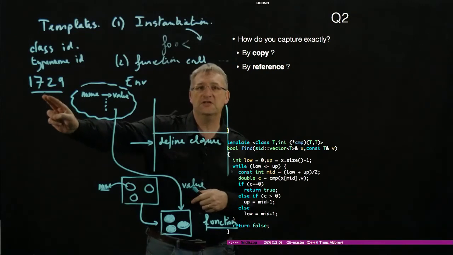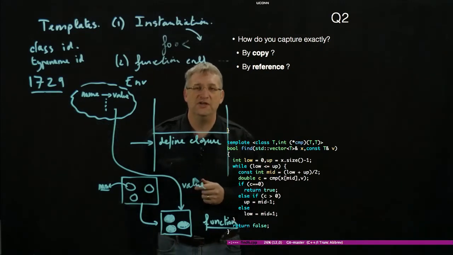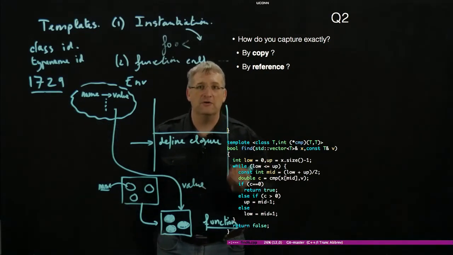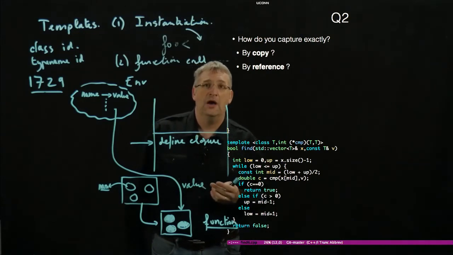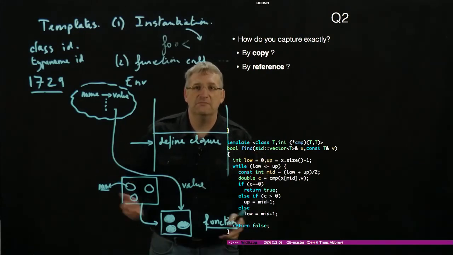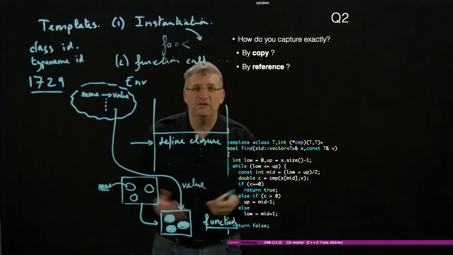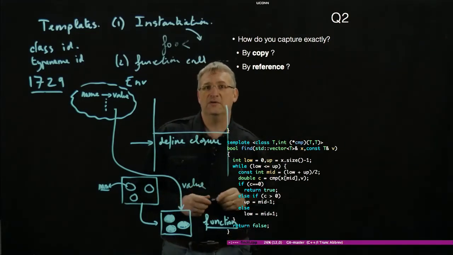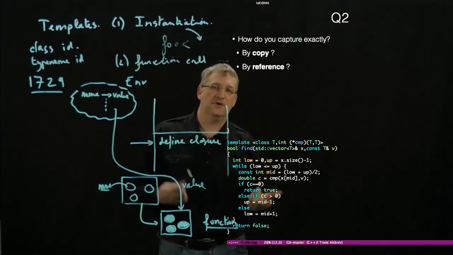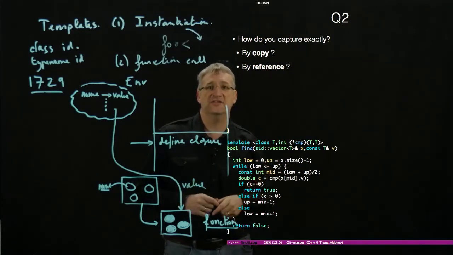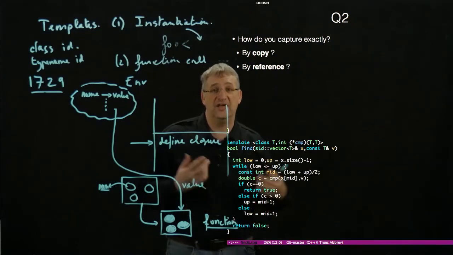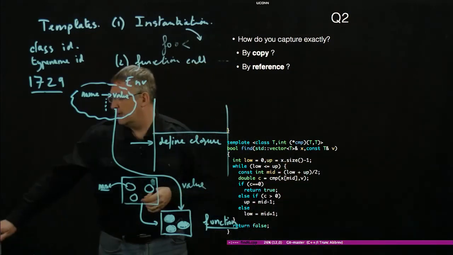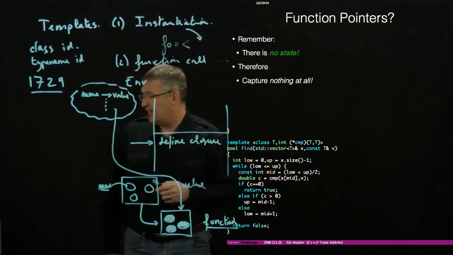Again, this is a subtlety that doesn't exist in 1729, which is a functional language, because over there, everything should be done by copy or by reference. It doesn't matter, because you don't have normally destructive assignments, and therefore you wouldn't be able to observe whether there is a difference between these two. In C++, that is not true. We have destructive assignments, so we need to be aware of that. So that's another big question we have to answer, and we'll delve into that real soon.